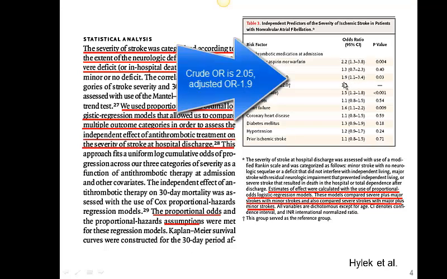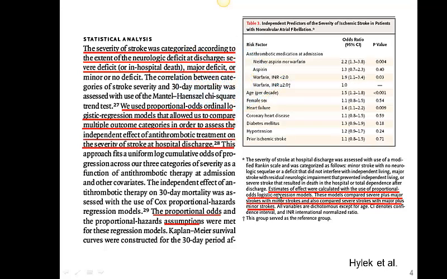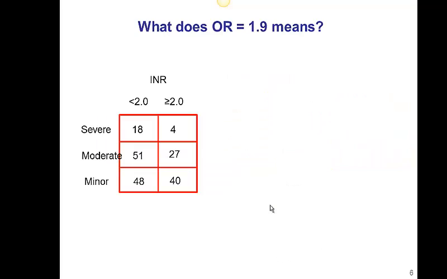And what the authors did is they explained that in the footnote, because not many people actually understand odds ratios based on more than two category data. So this is what they said. Estimates of effect are calculated with the use of proportional odds logistic regression models. These models compared severe plus major stroke with minor strokes and also compared severe stroke with major plus minor strokes. So they verbally explain what we just saw in this slide.